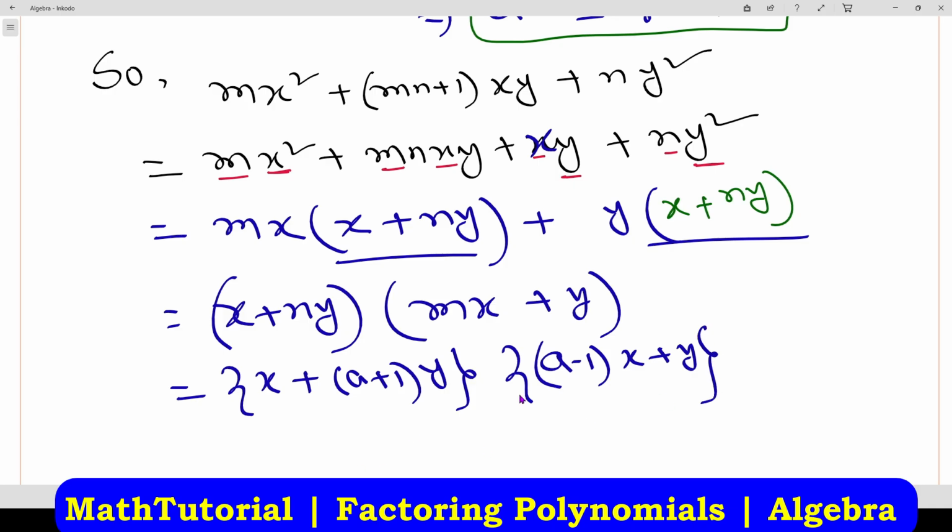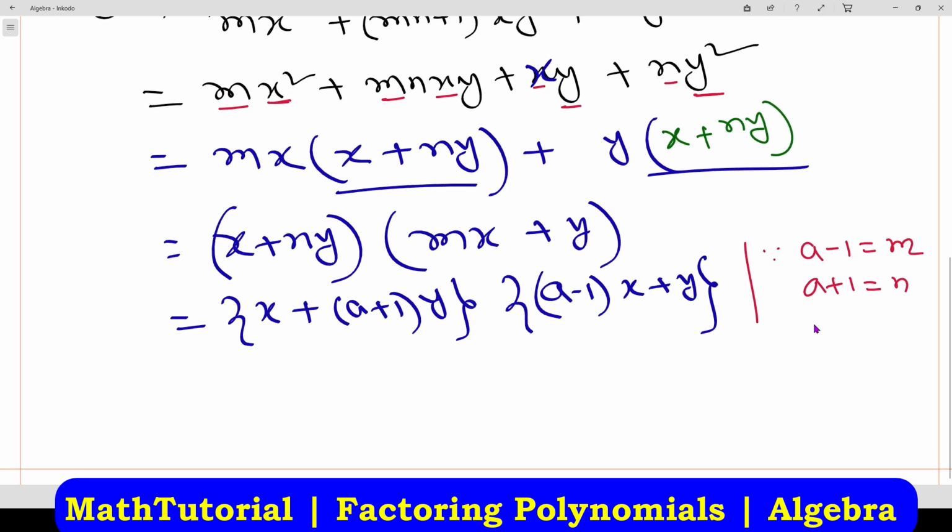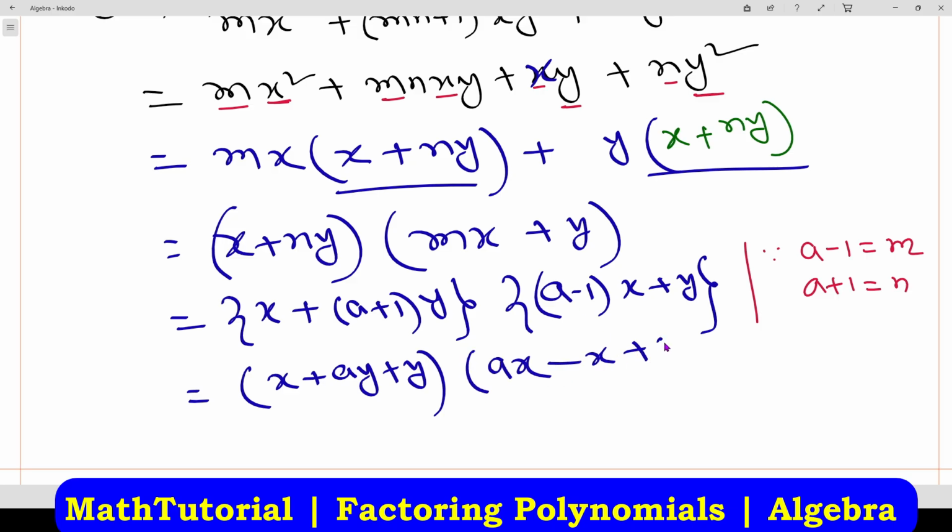So we can write a note: a minus 1 equals m, a plus 1 equals n. Okay, now we can write it this way: (x plus (a plus 1)y) times ((a minus 1)x plus y), right? And this is our answer.